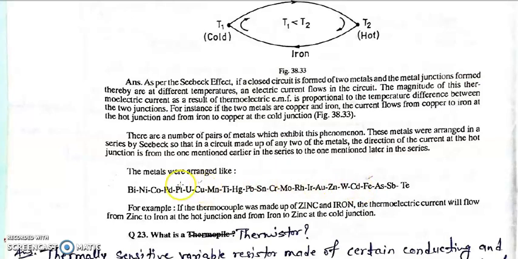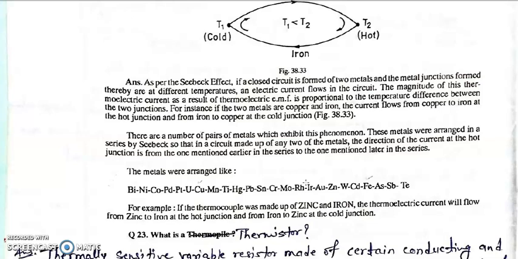According to their temperature sensitivity, these are arranged in a sequence. If you choose nearby metals, then the voltage will be lesser, and if you choose metals which are far apart in this sequence, then the voltage induction will be greater.